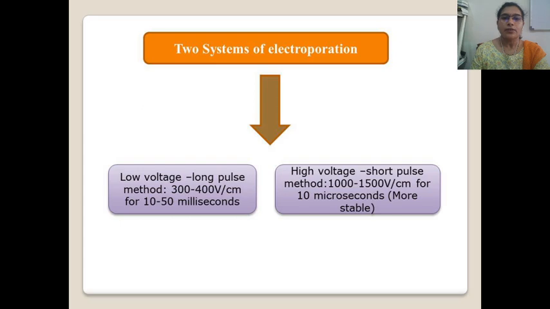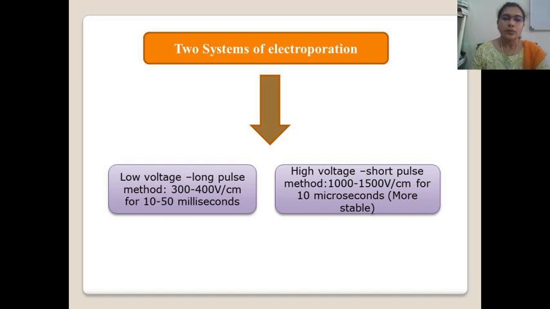The intensity of electric pulses ranges from 1000 to 1500 volts per centimeter for 10 microseconds. The low voltage long pulse method induces a high rate of transient transformation, whereas the high voltage short pulse method gives a high rate of stable transformation.